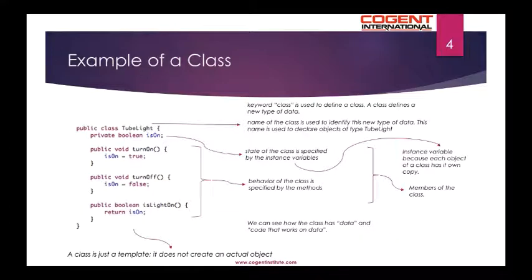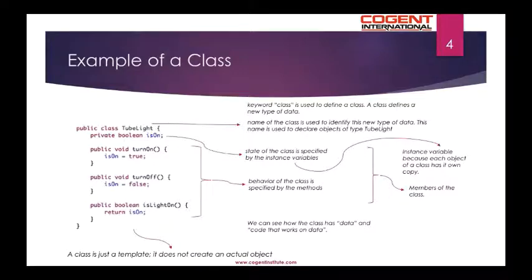Here's an example of a class. The keyword class is used to define a class. A class defines a new type of data. The name of the class, TubeLight, is used to identify this type of data. This name is used to declare objects of type TubeLight. isOn represents the state of the class. This is an instance variable.